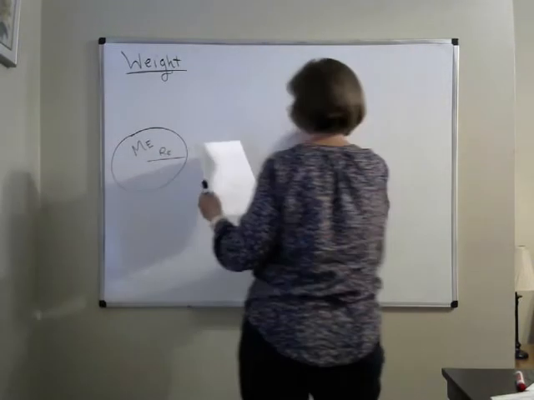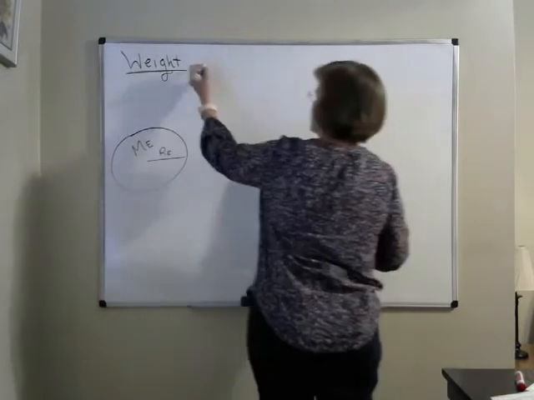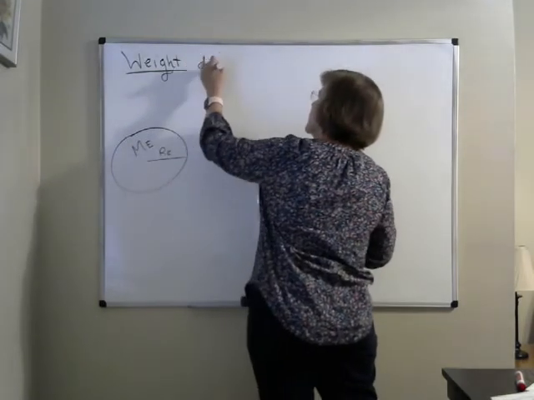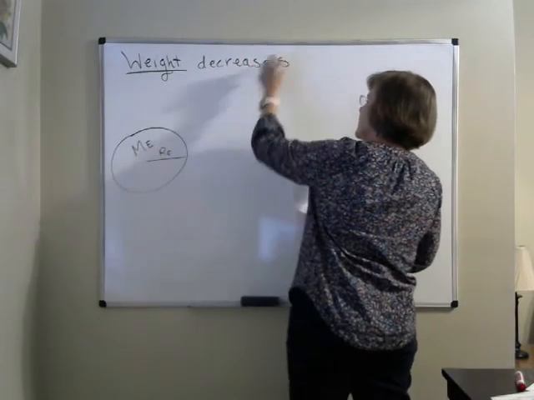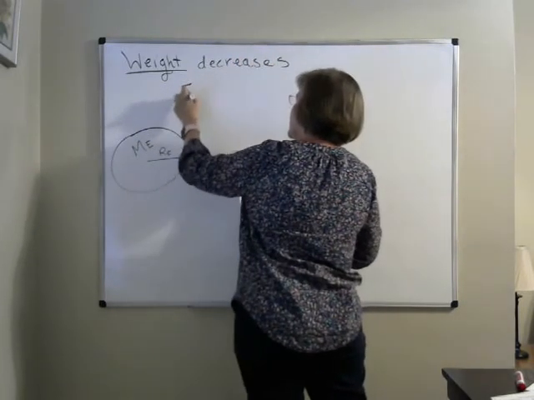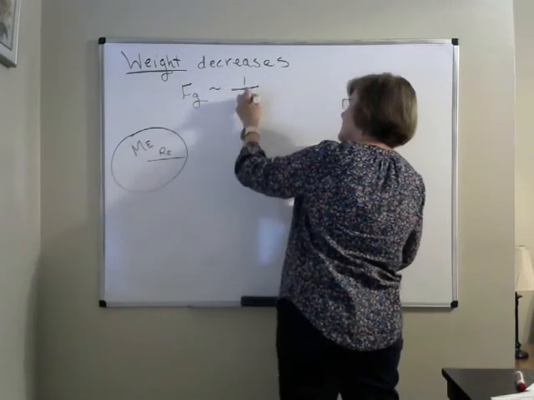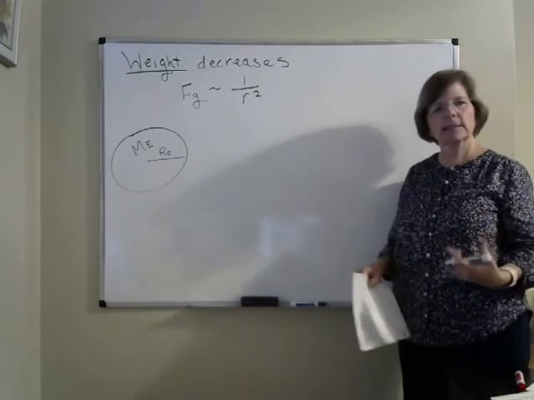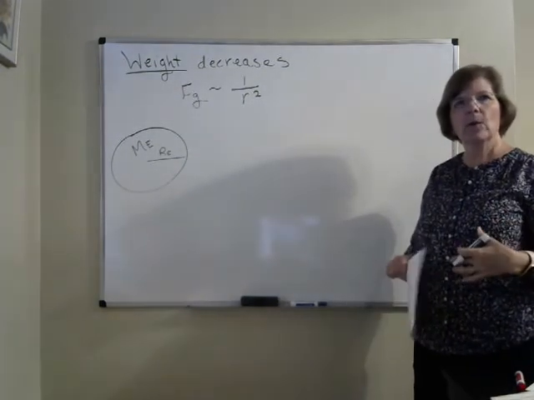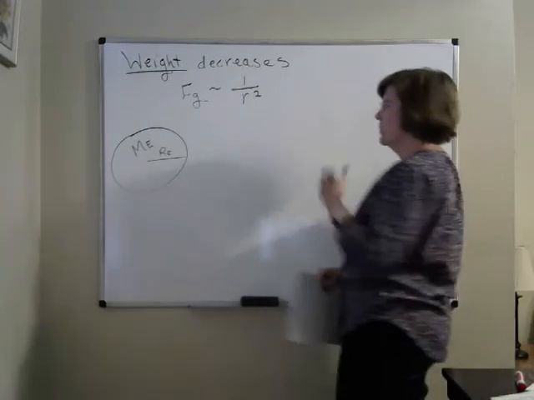We know that weight decreases as you move farther away. Remember, the gravity is inversely proportional to the distance squared. As we increase that distance, we know that the weight of an object is going to change. So let's think about how that looks.